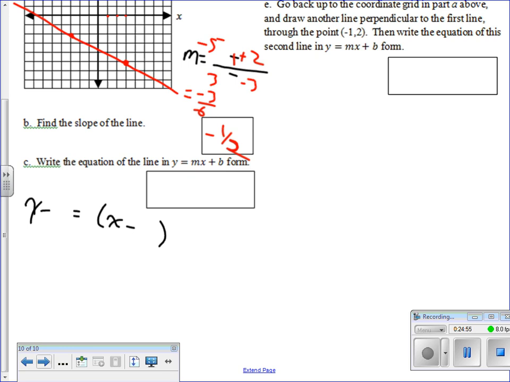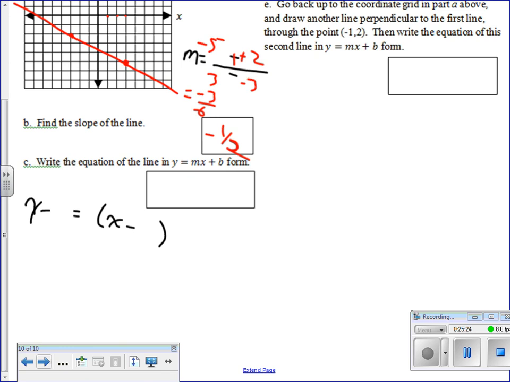It depends upon how good you are and how much you trust your line when you graph it. I wouldn't if I were you. I would never trust my line to find my y-intercept. You must be really super awesome at graphing in order to trust that you're going through exactly that point. I would never do that.